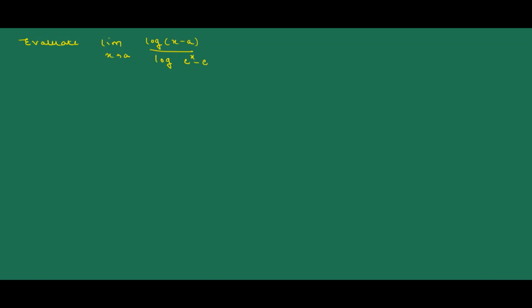So in this case, if you substitute the value x is equal to a, you will get log a minus a, means log 0, and log 0 is equal to minus infinity. Similarly, in denominator also you will get minus infinity. So this is infinity by infinity form.